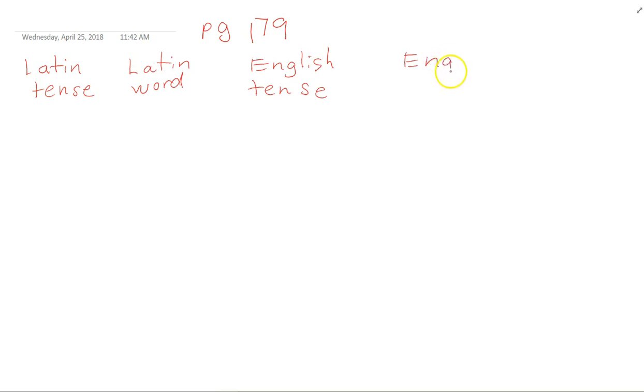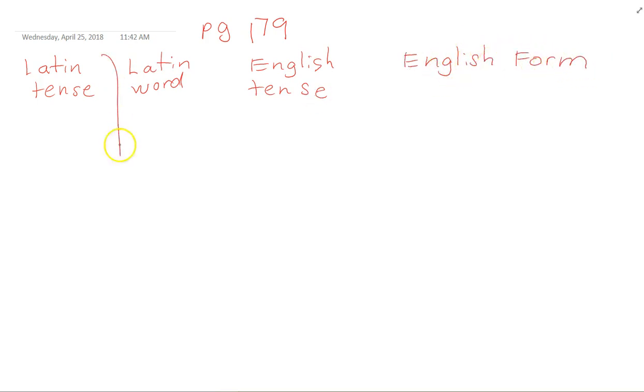So 179, our translation worksheet, has the tense. This is the Latin tense. The Latin word. The English tense. This is the one that's a little tougher that we have to pay attention to. And the English form.